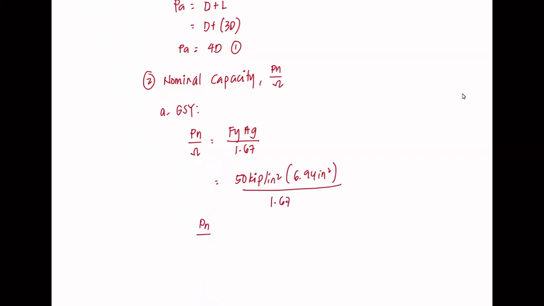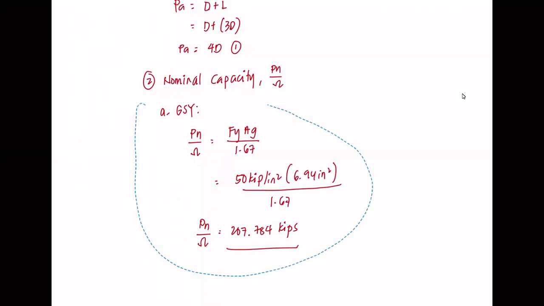Pn over omega, according to gross section yielding, will be 50 times 6.94 all over 1.67, that is 207.784 kips. So that is our initial capacity for gross section yielding.